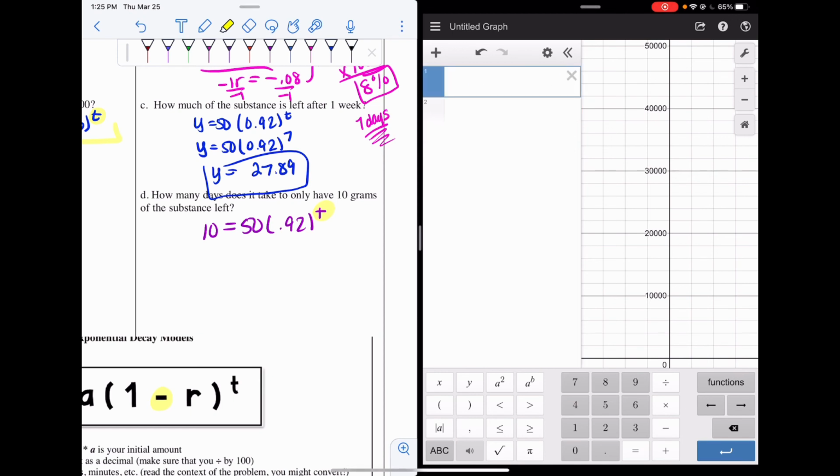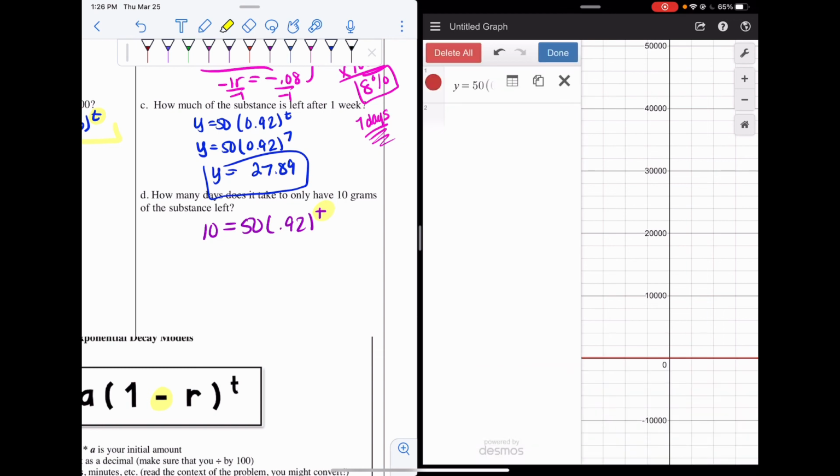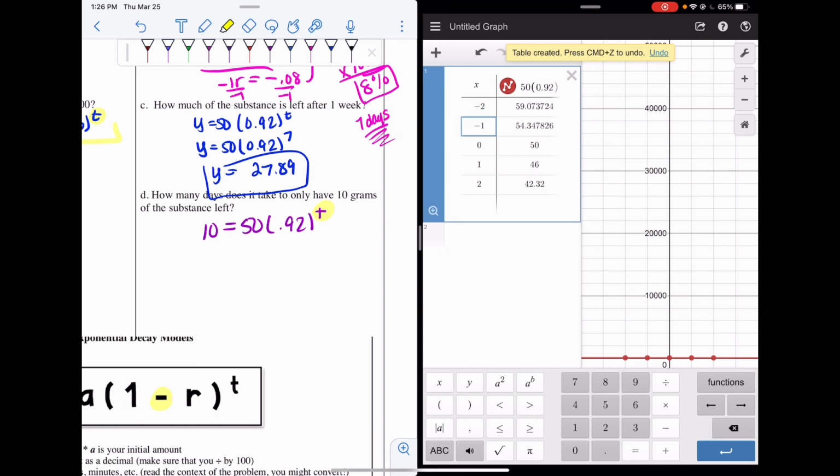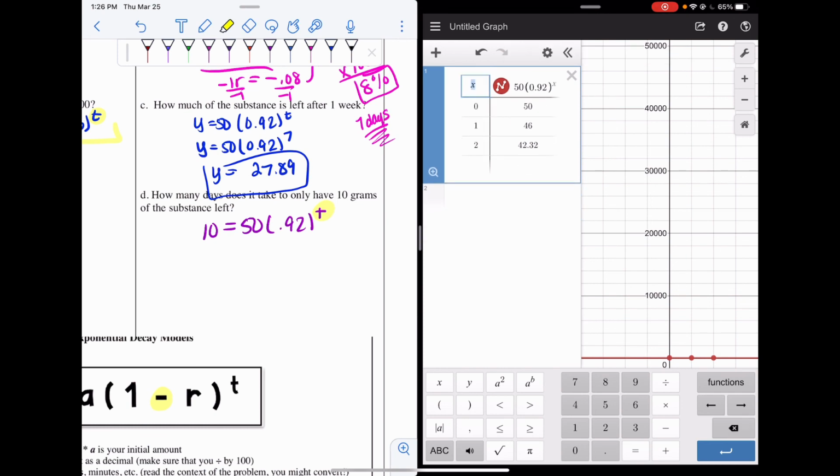So I'm going to go back to Desmos. I'm going to type in y equals 50 parenthesis 0.92, and I'm going to raise it to the x power this time, because I don't know what x is, so we want to find it. I'm going to hit the setting, change it to a table, get rid of my negative 1 and my 0 by backspacing.